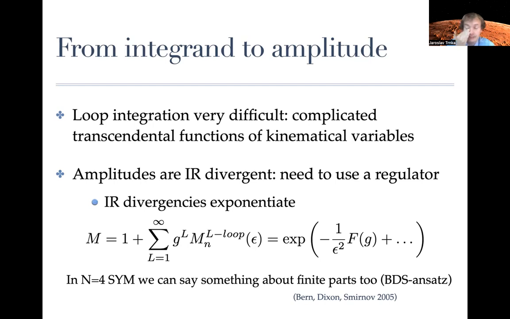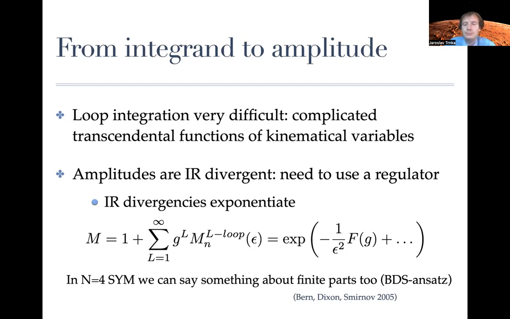So let's just choose dimensional regularization. Once we resum it, the leading divergent piece has this structure. It's an exponent of 1/epsilon² times some a priori unknown function of the coupling, plus some corrections, terms with 1/epsilon and finite corrections.